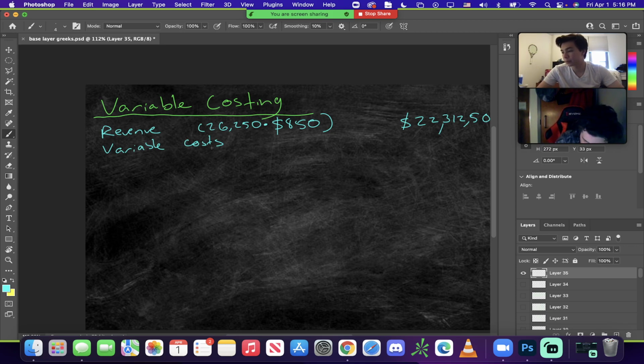Is this the one with the SG&A and manufacturing costs? Yeah. Wait, which one of those comes first again, manufacturing or SG&A? It's good form to put manufacturing first, but it doesn't matter.